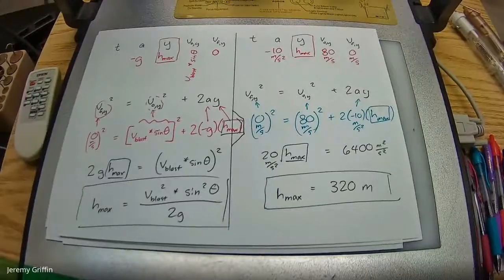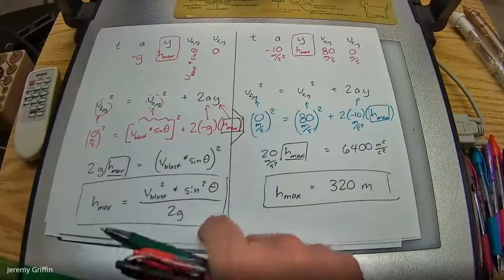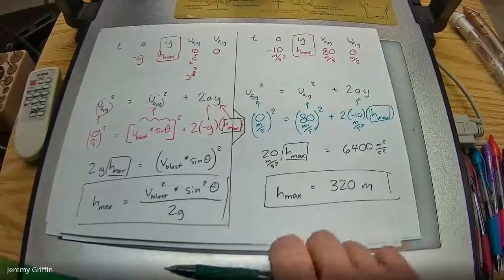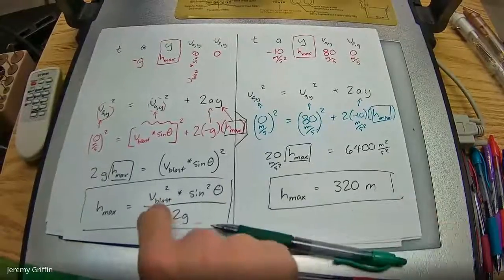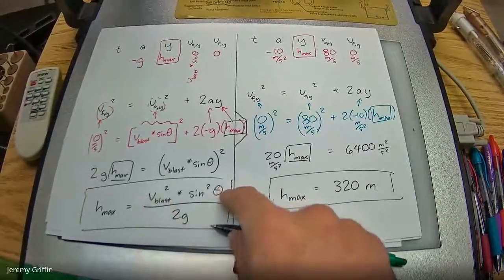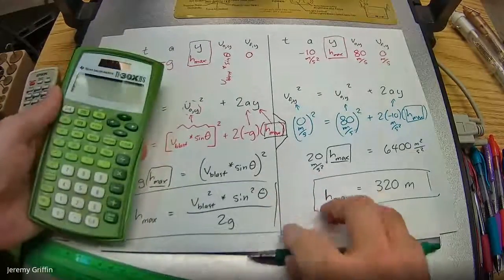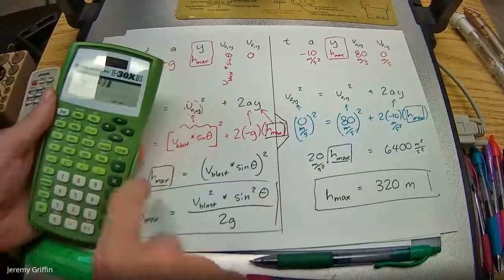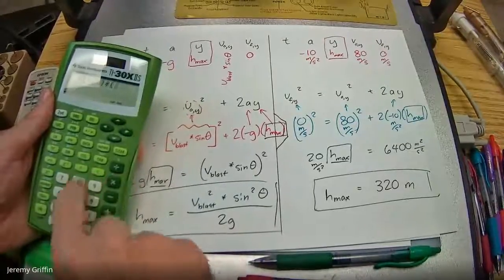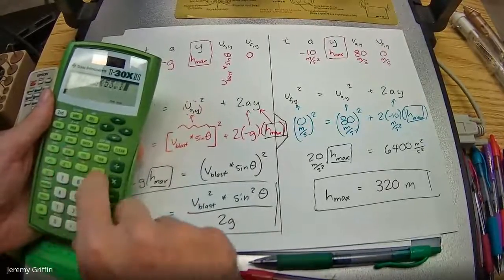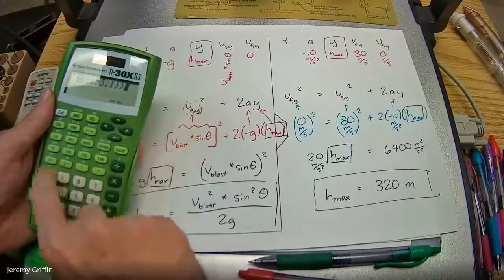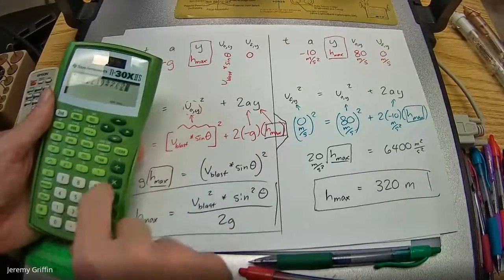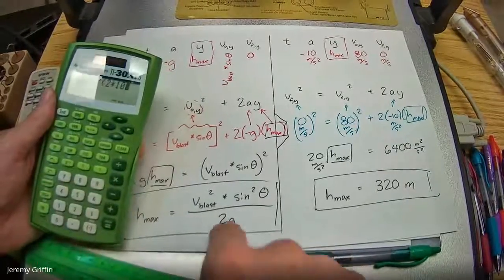Okay. Now, I want to check, does this general solution really give me this number? Remember the blast speed was 100 meters per second and it was at a 53-degree angle? You guys remember that? Okay. Moment of truth. We're about to find out if this stuff really works. So 100 meters per second being squared, multiplied by sine of 53.1 degrees, and I'm squaring that sine term, divided by 2 times, I've been using 10 for gravity, 10 meters per second squared.